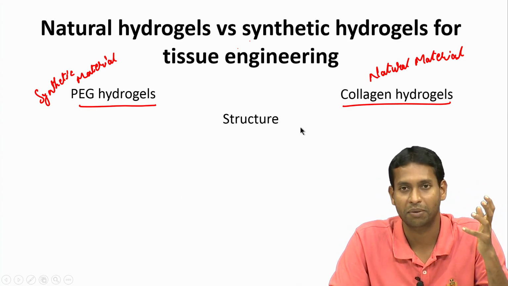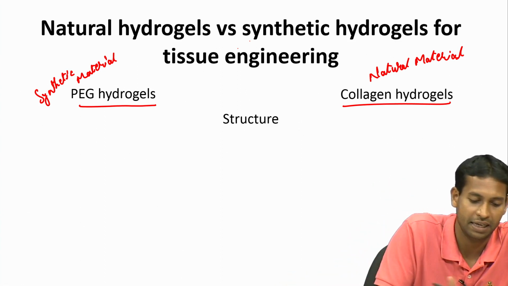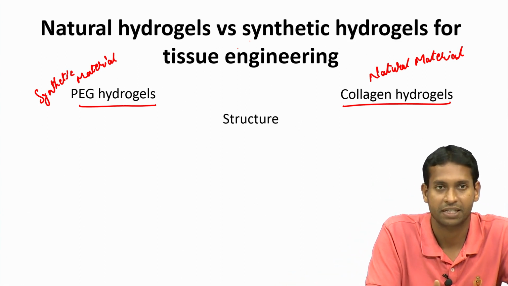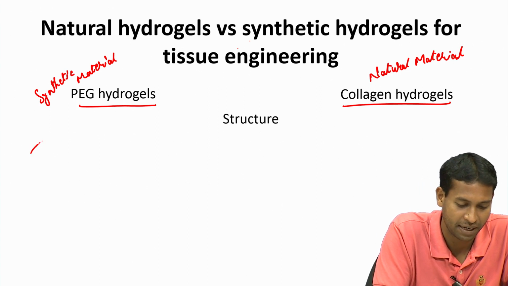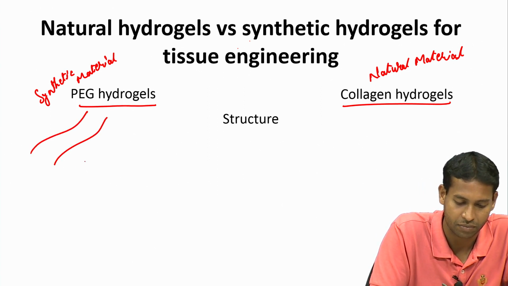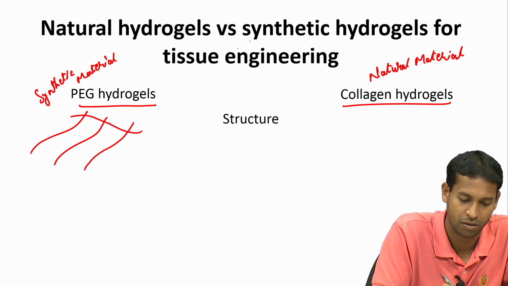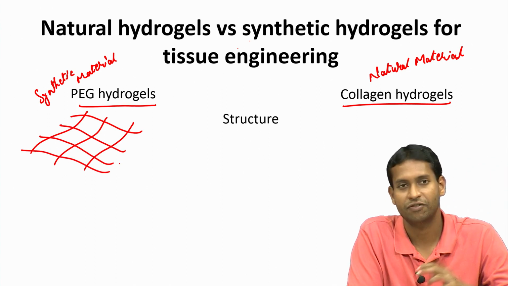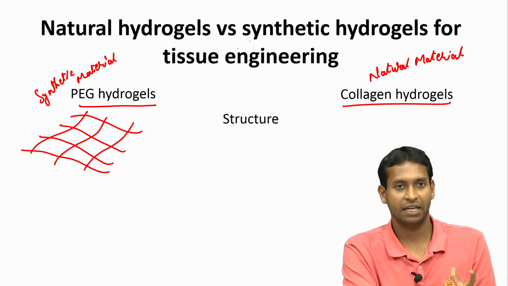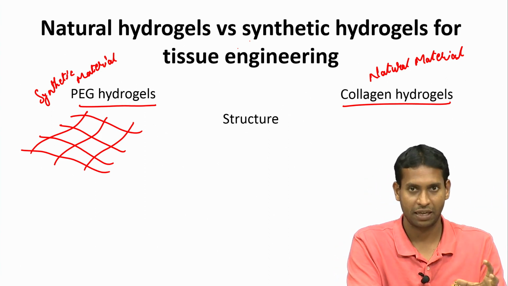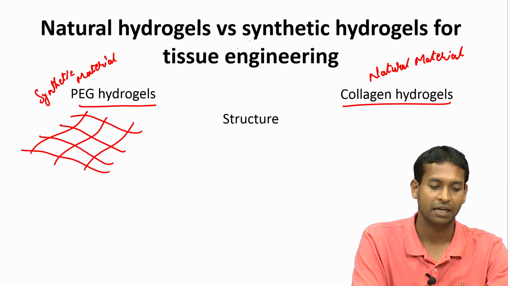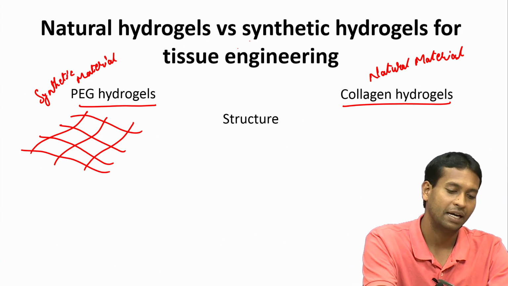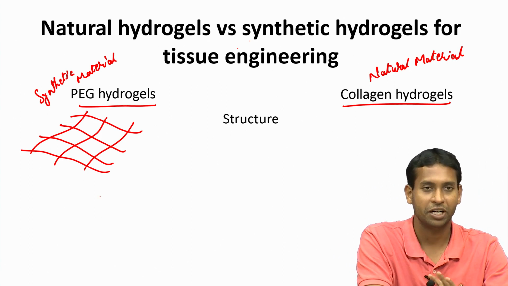Let us talk about the structure in general. Typically, this goes back to what we already discussed with the PEG hydrogels. If you have a PEG hydrogel, you will get chains which are cross linked either physically or chemically, depending on the functional group present on the PEG, mostly chemically, and there will be a random orientation of them.